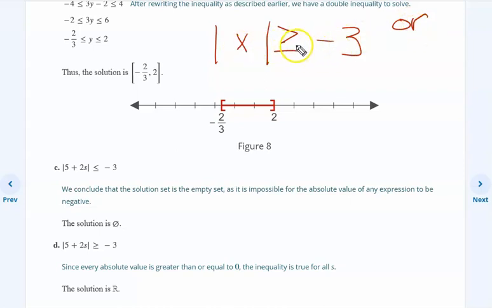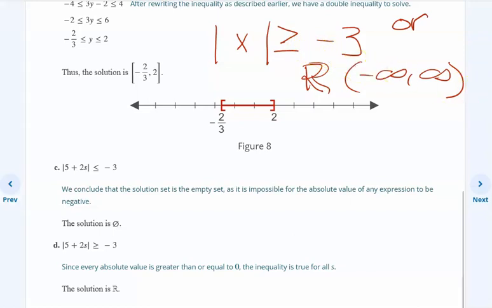This is not only possible, but the solution for anything that looks like that, which we see here, is all real numbers. And of course, that's negative infinity to positive infinity. Okay, 2 little areas that need some particular study and are a challenge should you run into them in your practice.